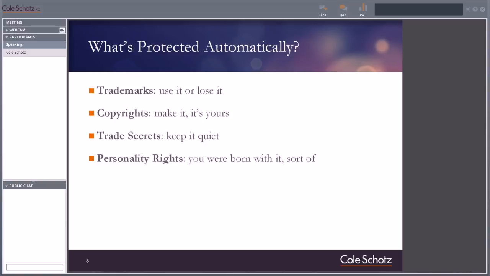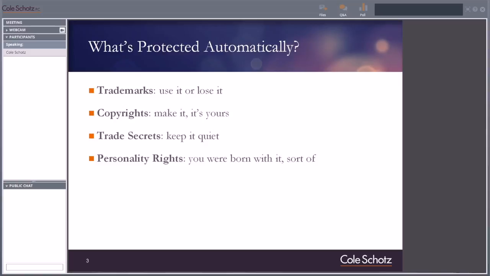First, the secret must actually be a secret, and that might seem obvious, but it can't be generally known or readily accessible to the general public. Second, it must have some commercial value to the individual or organization that owns it, and that value must be derived in whole or in part from the exclusive possession of that secret information.